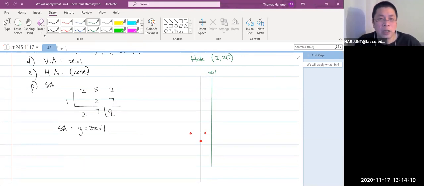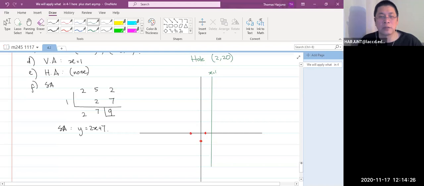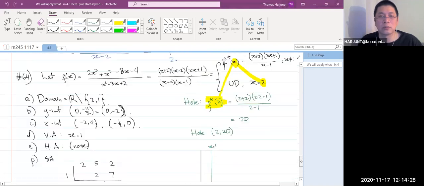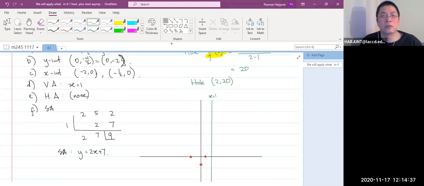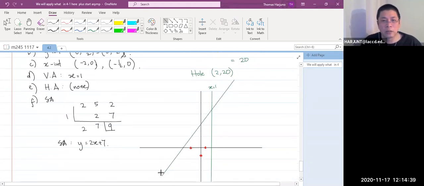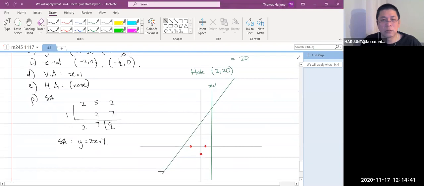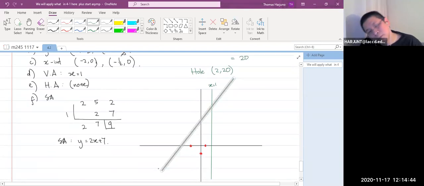And then the slant asymptote is 2x plus 7, something not right here. 2x plus 7, it's approximately like this. It's y equals 2x plus 7, unless I computed it incorrectly.